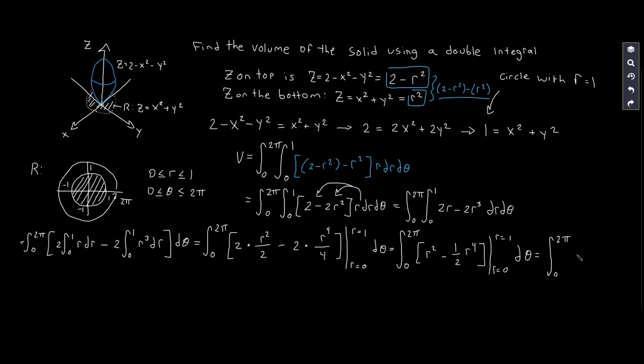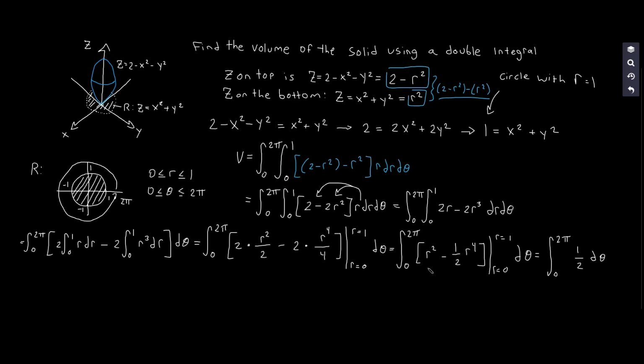So I'm just going to say this is the integral of 1/2 d theta, right? Because 2 over 2 minus 1/2, or just 1 minus 1/2, is just going to be 1/2.